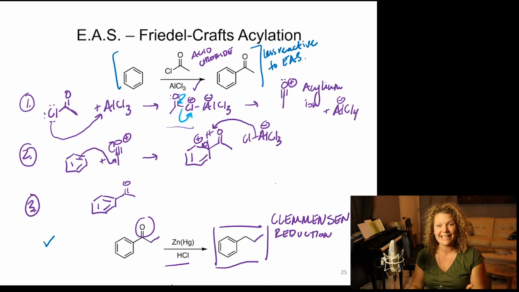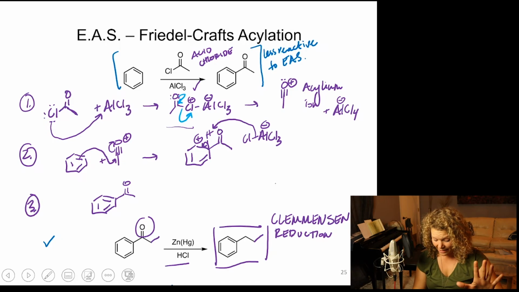This product is less active. It's got this carbonyl on it, pulling electron density away from our ring. So in this case, Friedel-Crafts acylation not only, one, eliminates this over-alkylation problem, two, it also can be used to circumvent the rearrangements that can occur in Friedel-Crafts alkylation.